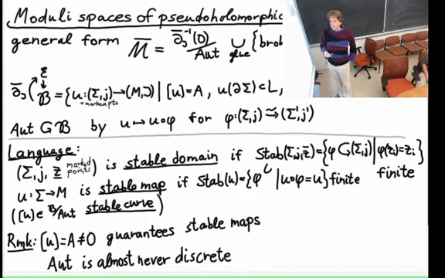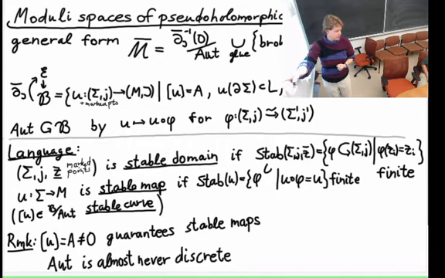You would think that when you have 4 marked points or 5, you could do something similar. But either the marked points are going to move or the J is going to move. The complex structure can change.